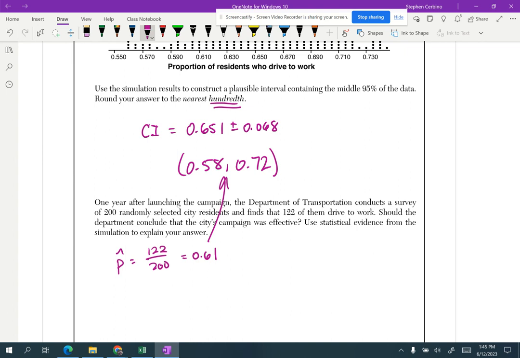Now, I know you might be looking at it and saying, well, the original sample was 65% and it went down, but it didn't go down enough to become something that we would consider a statistically significant change. A statistically significant change would be outside of the margin of error confidence interval. So this answer would just be no, because the p hat is within the confidence interval.